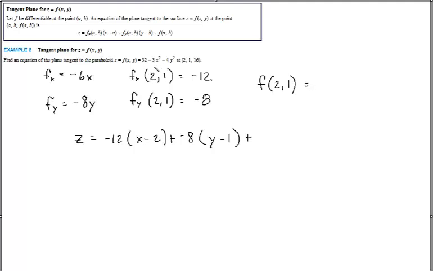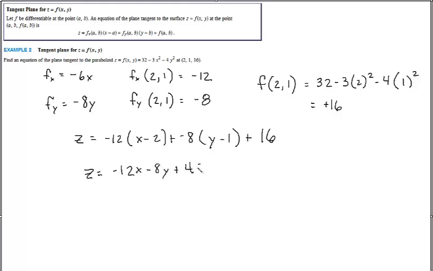If I plug that into my original and just do that computation, it's going to be 32 minus 3 times 2 squared minus 4 times 1 squared. You should get 16, sorry, I was looking at this one. And then I'm just going to plug all of that in, so this is a plus 16, and when you do your algebra you should get minus 12x minus 8y plus 48. And there's another example in the explicit form, and the other one would of course have been in the implicit form.